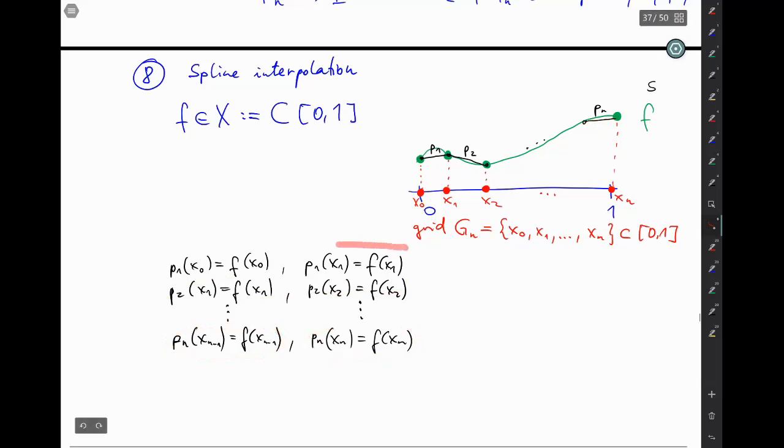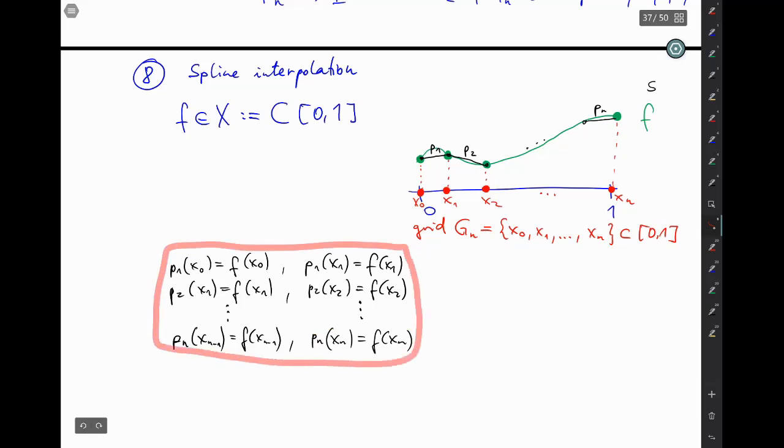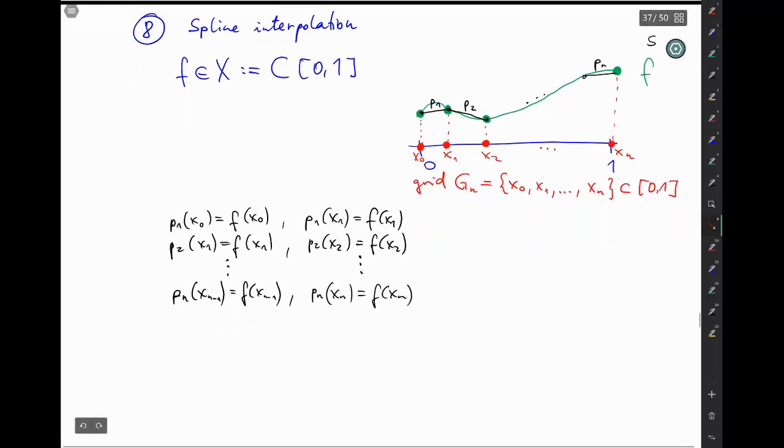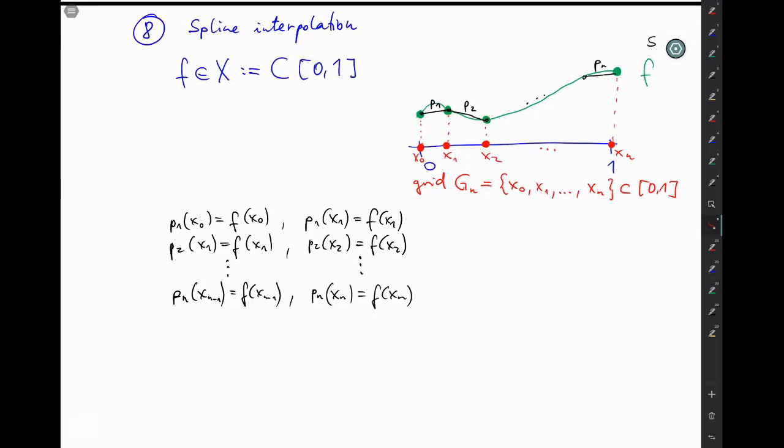Okay, like I said before, you can make all of these happen with linear or affine linear polynomials. So each one of these is just of the form something times x plus something. But if you want to get something a bit smoother here, then you could add further conditions like compatibility of the first derivative at these points where you glue one polynomial to the other.